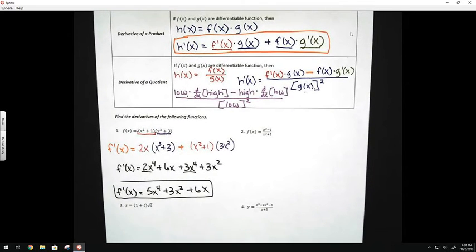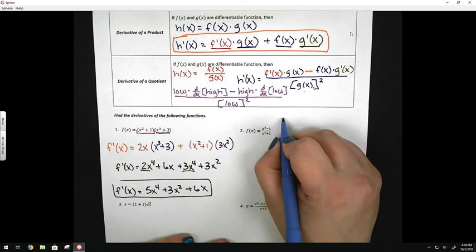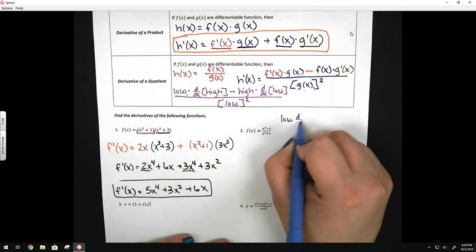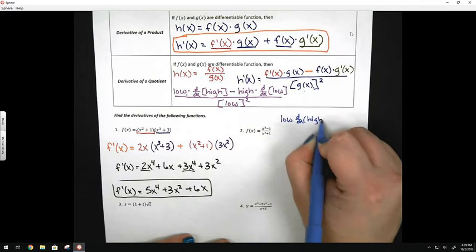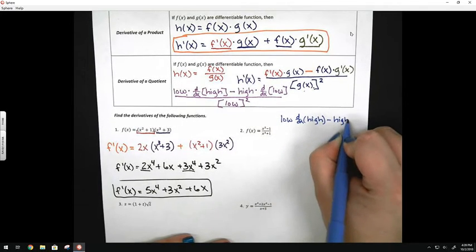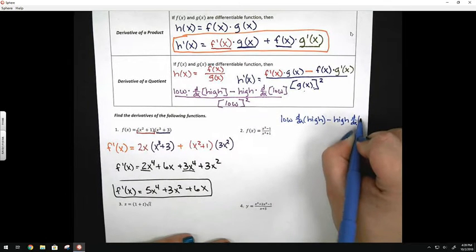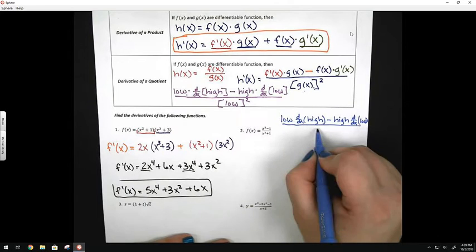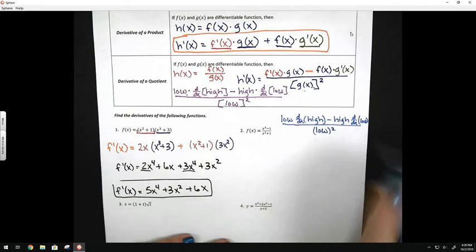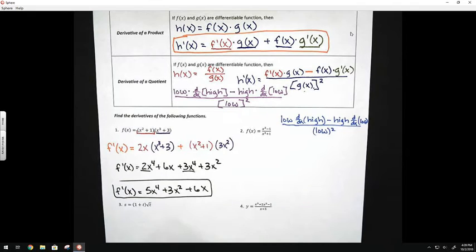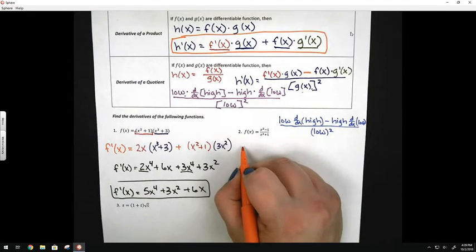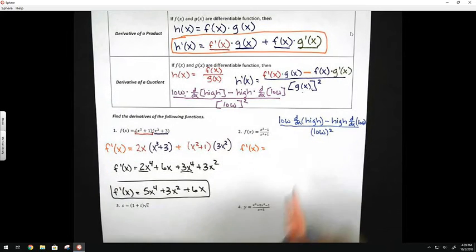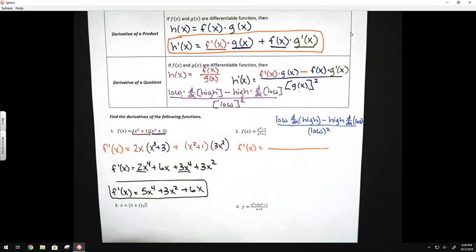All right, let's look at a quotient rule. So I'm going to go ahead and write my quotient rule up here just as a reminder to myself. So it's low d high minus high d low all over low squared. Okay, so when I do the derivative here, I'm going to start with my f prime of x, obviously. And I know I'm going to have a big, huge fraction, so I'm going to go ahead and write that first.